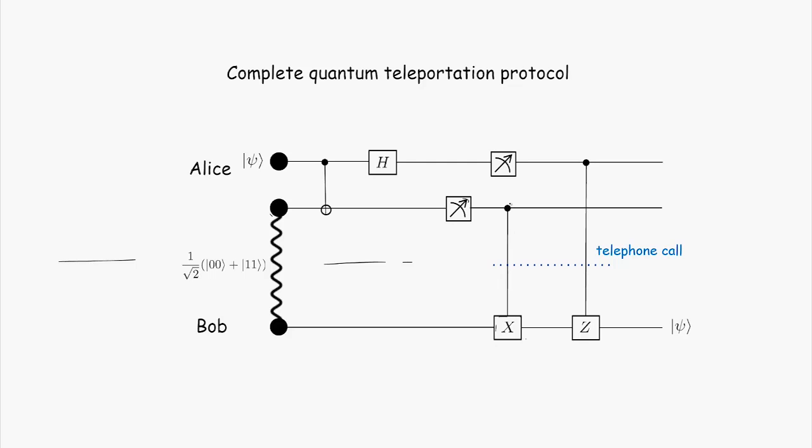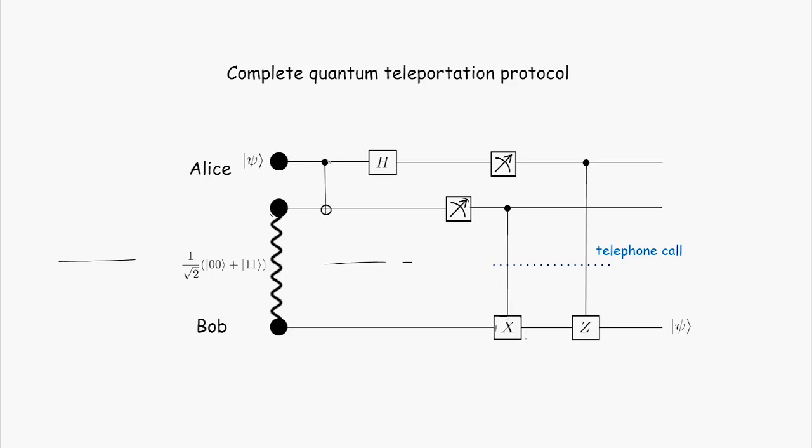That we can represent, if we want, as this controlled X operation, where if this bit is a 1, then Bob performs a bit flip, and otherwise he leaves it alone. Of course, there's no control wire here. This is Alice calling up Bob and telling him 0 or 1, apply the bit flip or don't apply the bit flip.